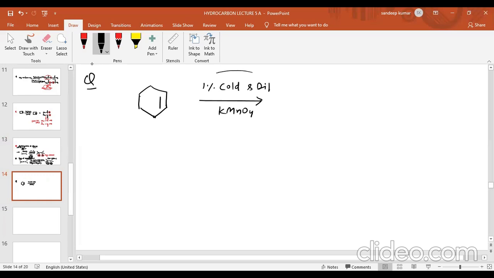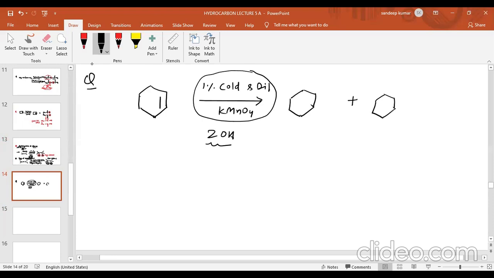So basically this reagent will provide two OH groups, and these two OH groups will come from the same side of the plane. Now see, both OH groups can be on wedge position like this.